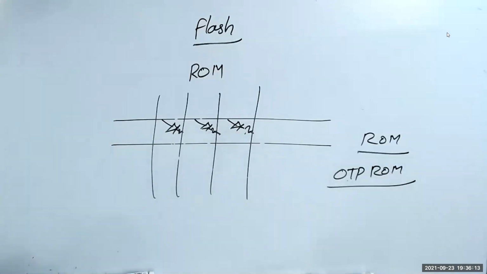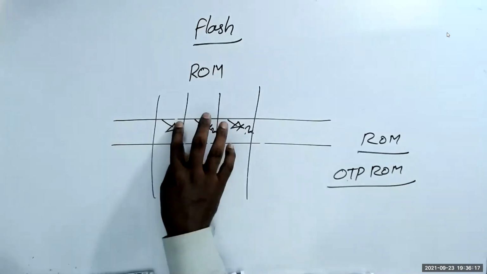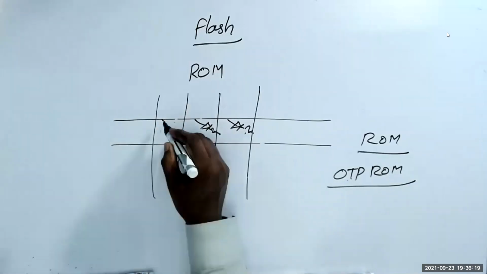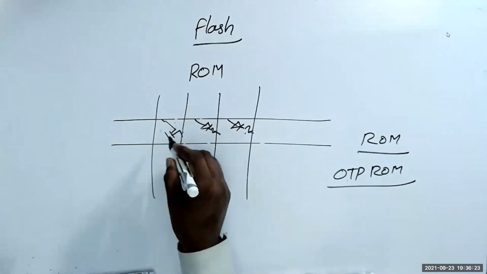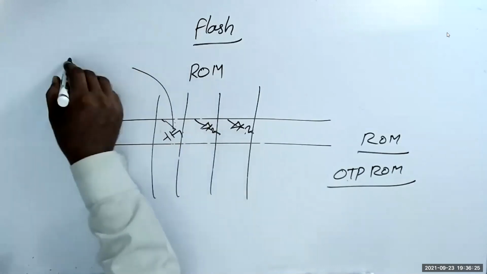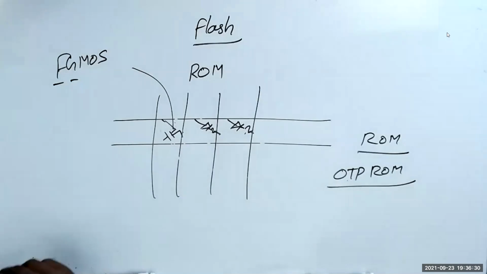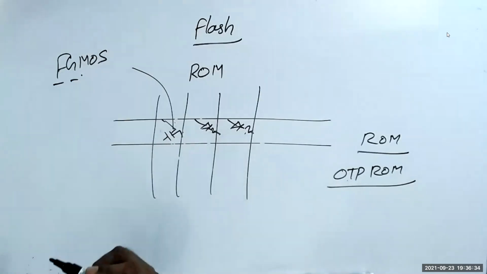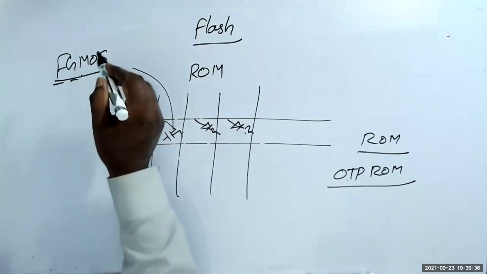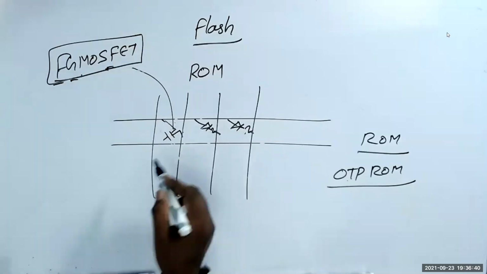And then what they did, they removed the fuse. Instead, they had a transistor. That's what we call FG MOS, floating gate metal oxide semiconductor MOSFET. That was used.